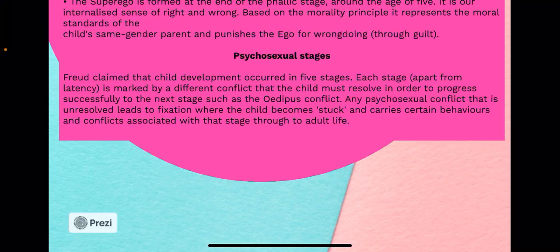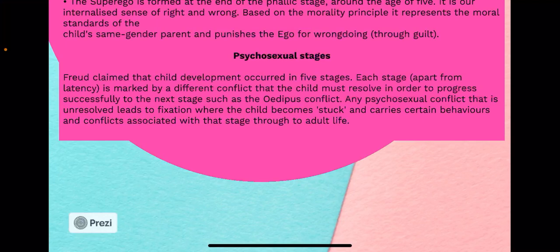Psychosexual stages. Freud claimed that child development occurred in 5 stages. Each stage, apart from latency, is marked by a different conflict that the child must resolve in order to progress successfully onto the next stage, such as the Oedipus conflict. The Oedipus conflict links to the Little Hans research.